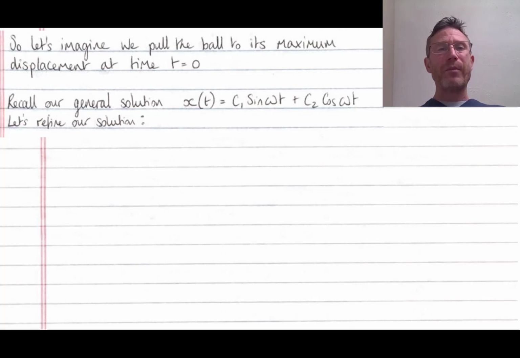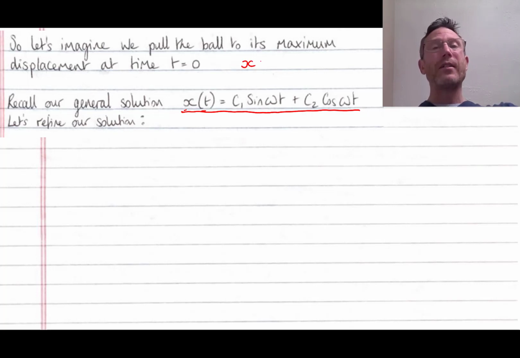From the previous slide, we're going to recall our general solution, and in this next step we're just going to refine that solution. At t equals 0, what do we know about the displacement?